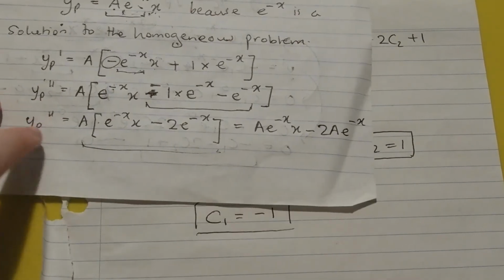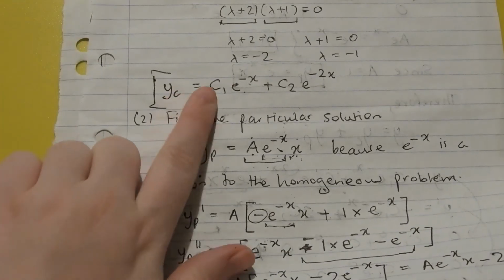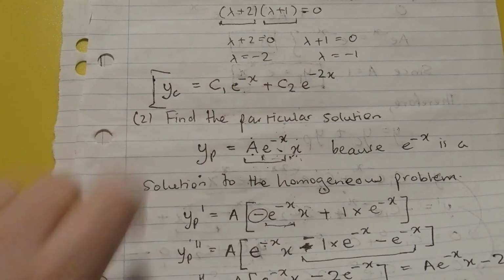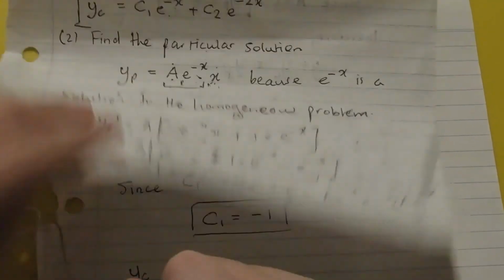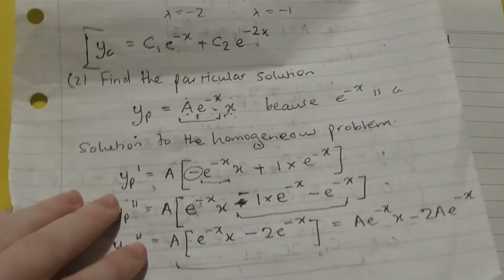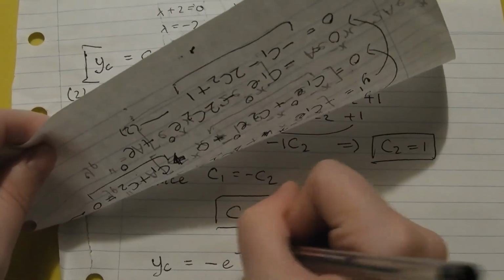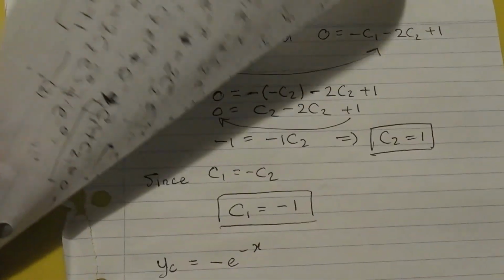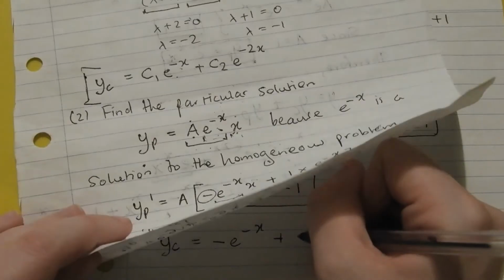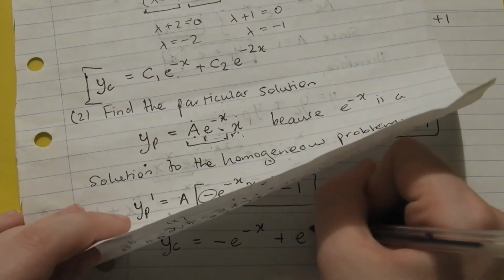Back here, our y of c is c1 e to the negative x plus c2 e to the negative 2x. So y of c is in fact negative e to the negative x. Do we see that? Plus c2 e to the negative 2x.